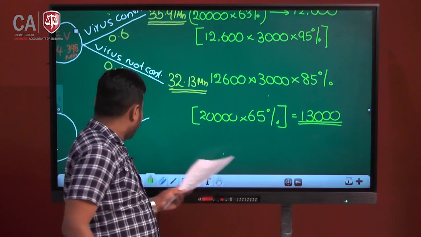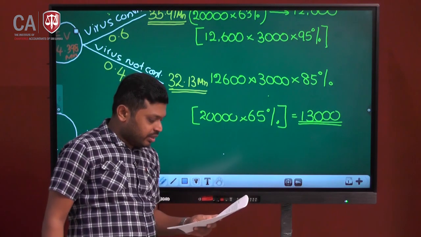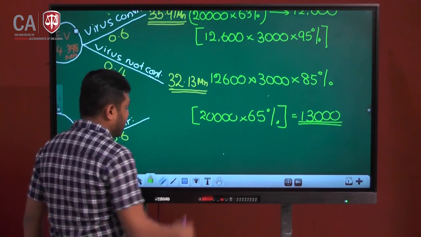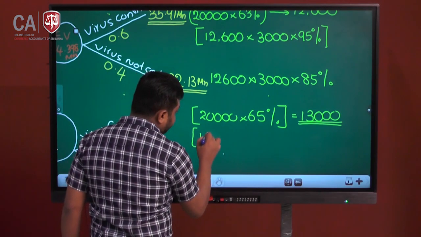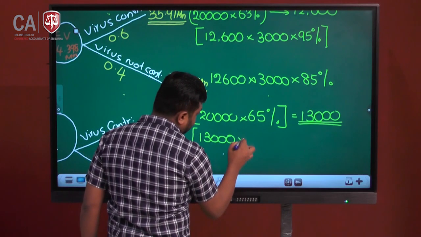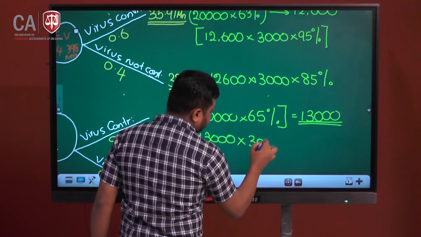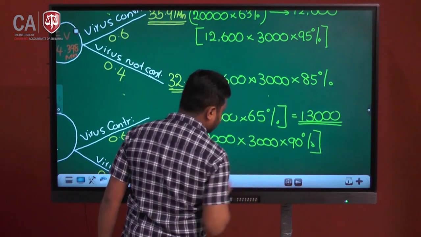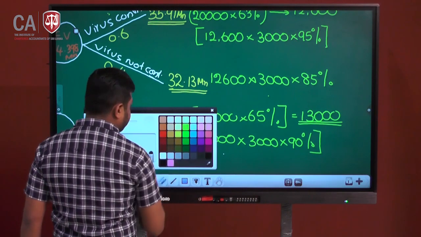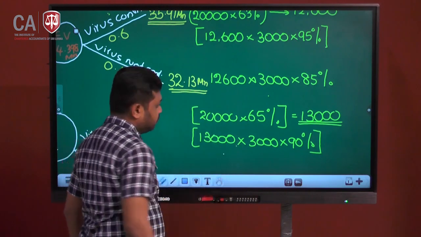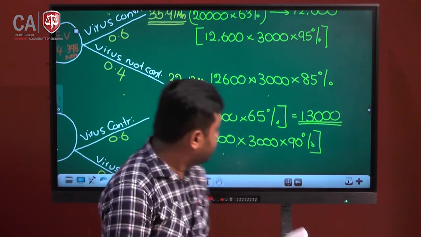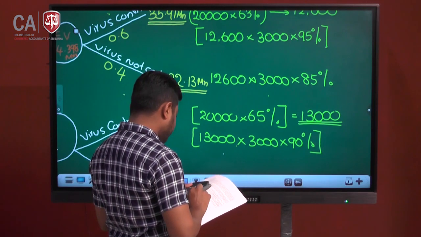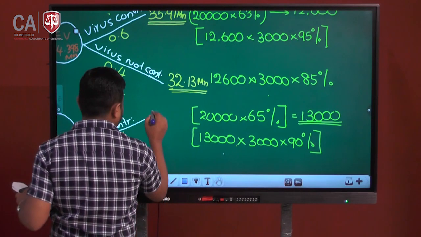If the virus is controlled, in TripAdvisor you have 90% occupancy. 13,000 into 3,000 into 90% gives 35.1 million.